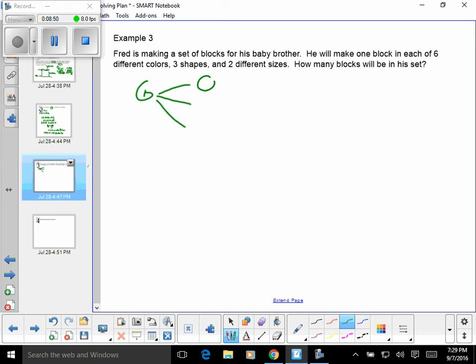Let's say a round one, a triangular one, and more of a cube one. He makes a large and a small in each one. If you'll count that out, you'll find that for green blocks, he has to have 6. 1, 2, 3, 4, 5, 6.